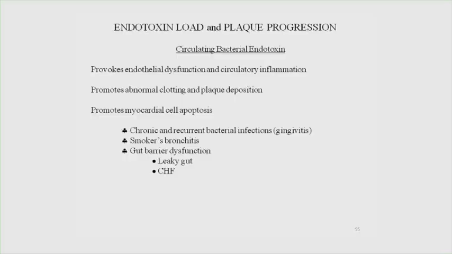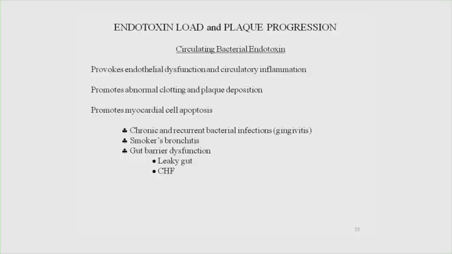Now, circulating bacterial endotoxin provokes endothelial dysfunction and circulatory inflammation. It will stimulate the toll-like receptor on our monocytes, macrophages, and T cells, cranking them up. It promotes abnormal blood clotting and plaque deposition, and promotes the cardiac cells to commit apoptosis, suicide. Where are we getting this endotoxin?